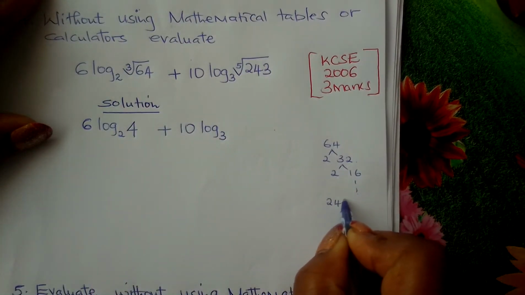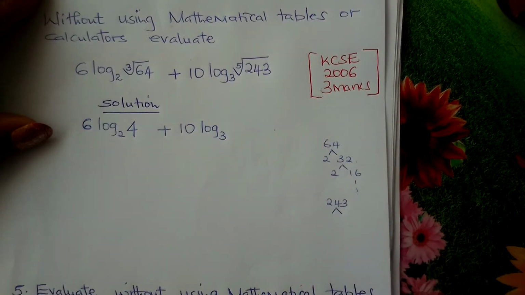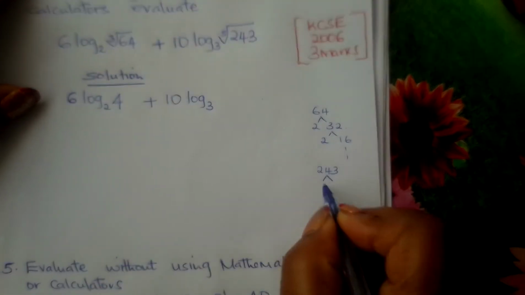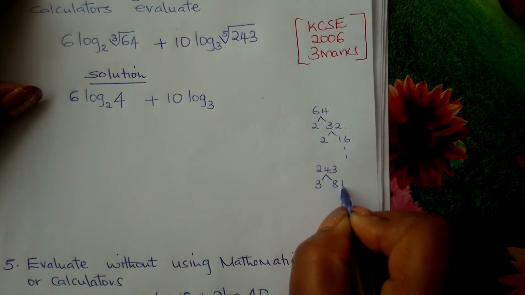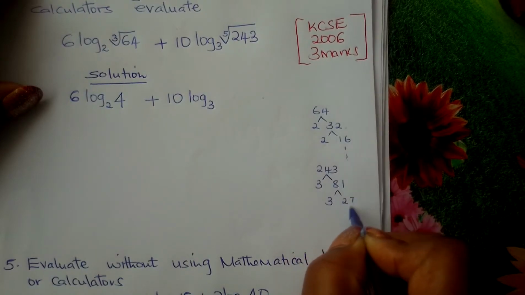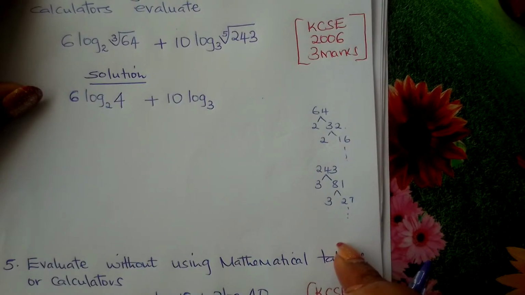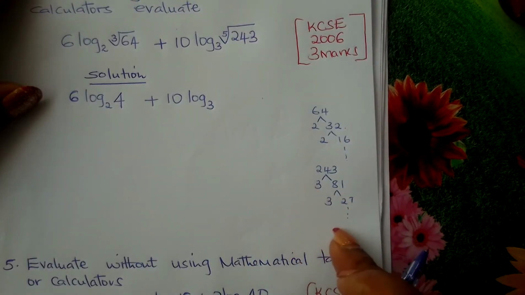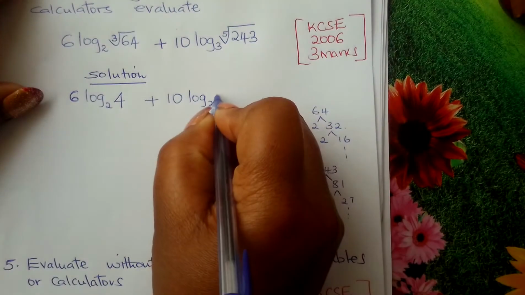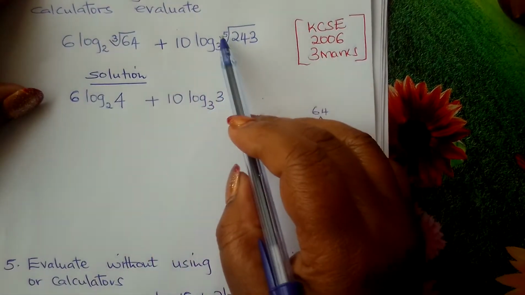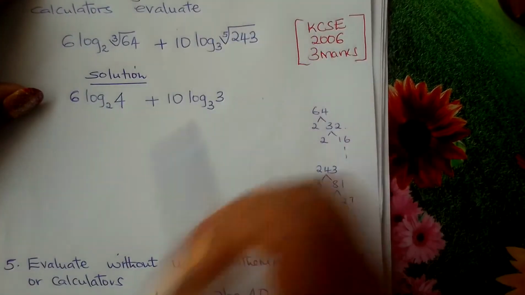You take your 243 and you express it in terms of its prime factors: 3 times 81, 3 times 27, and you continue like that, and then you find the fifth root using the factor method, the number that can be multiplied by itself 5 times to get 243. And you will find that the number is 3. The fifth root of 243 is 3.